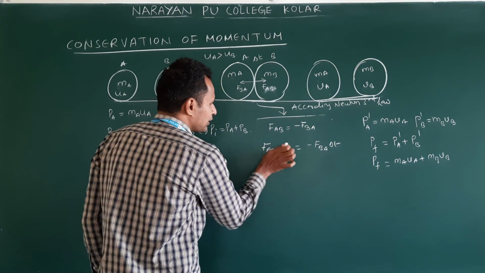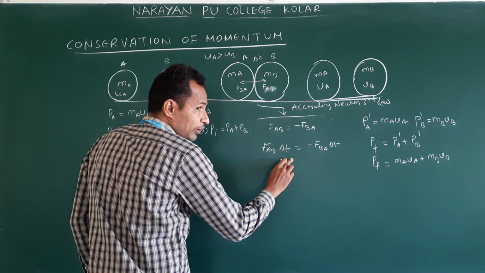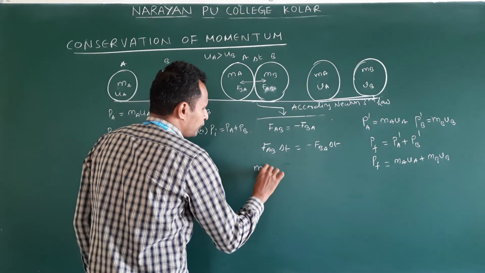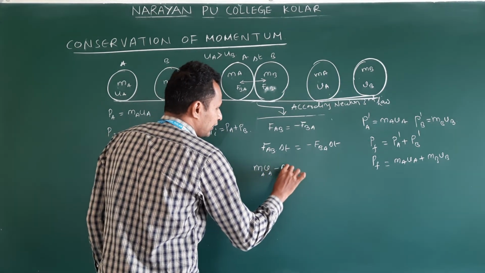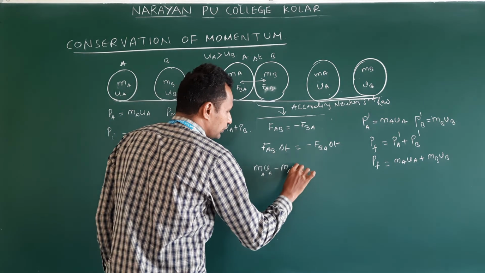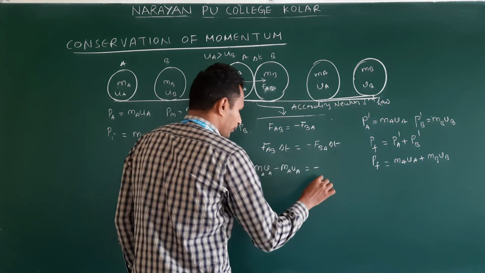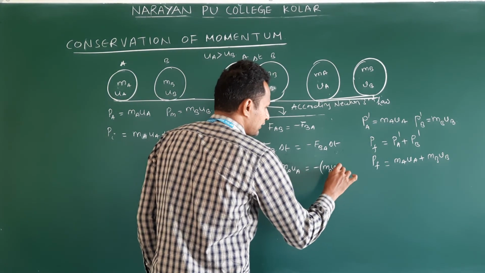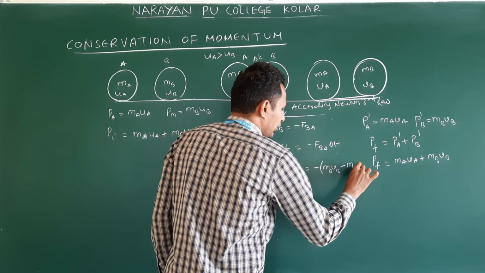How do we write impulse in A? Impulse in A, I can write as change in momentum of A. So how do we write the change in momentum? MAVA minus MAUA is equal to minus. This is impulse in B: MBVB minus MBUB.